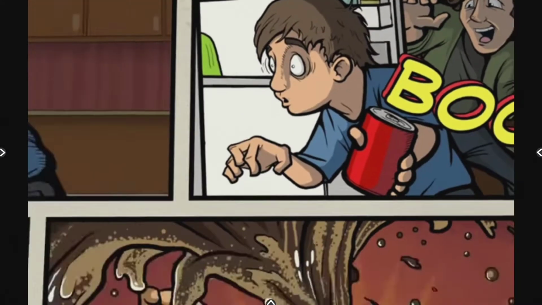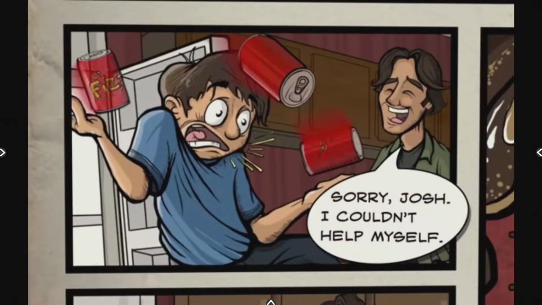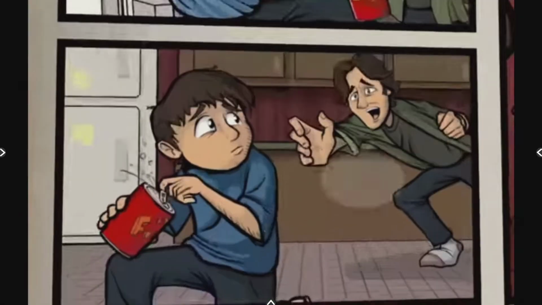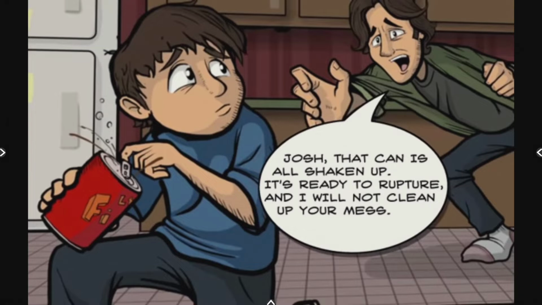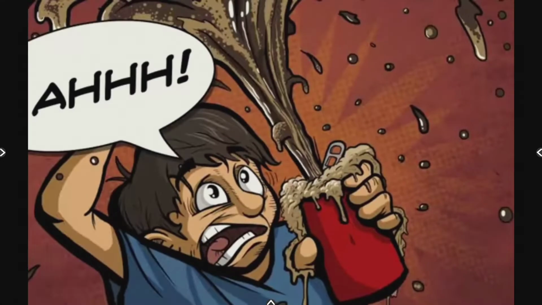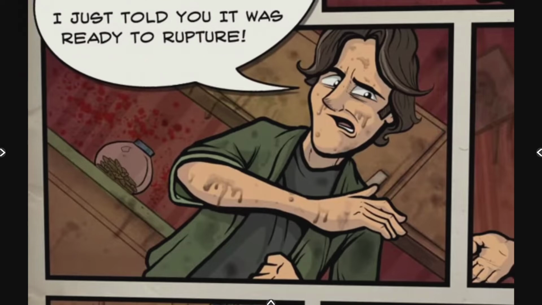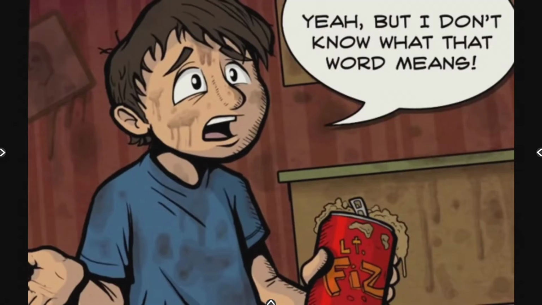Boo! Sorry, Josh, I couldn't help myself. Josh, that can is all shaken up. It's ready to rupture, and I will not clean up your mess. I just told you it was ready to rupture. Yeah, but I don't know what that word means.